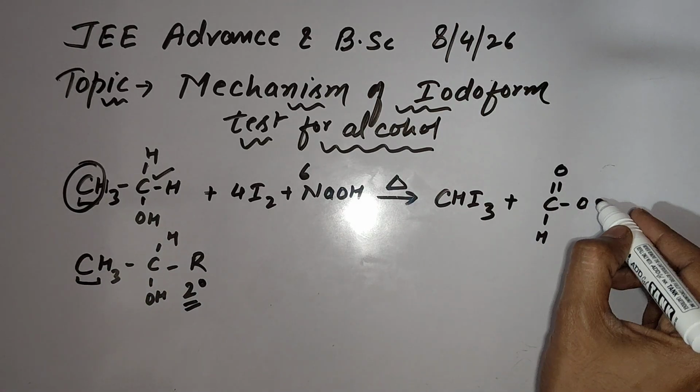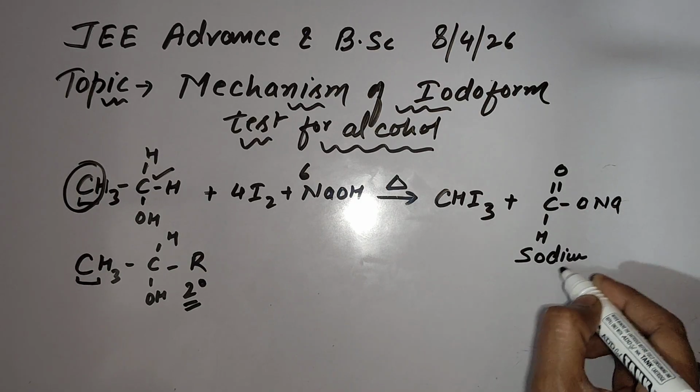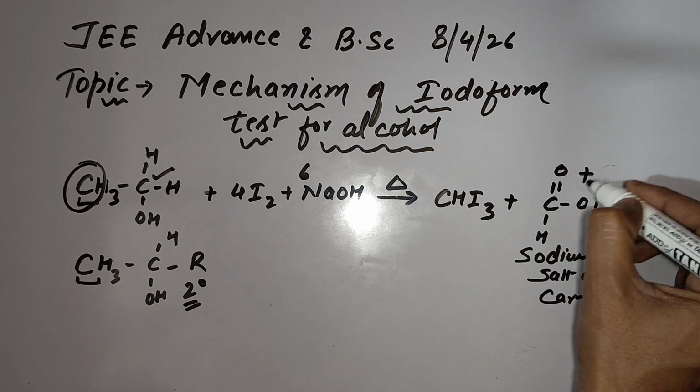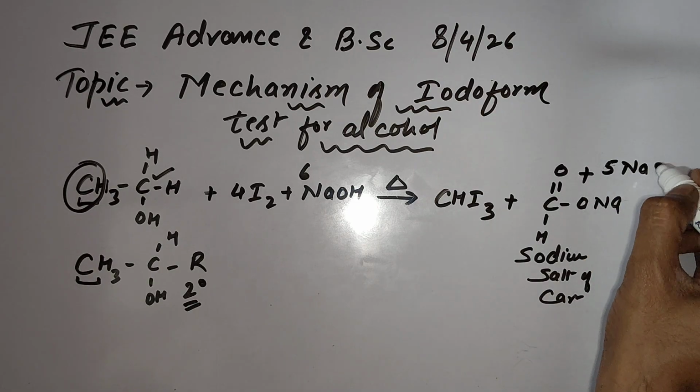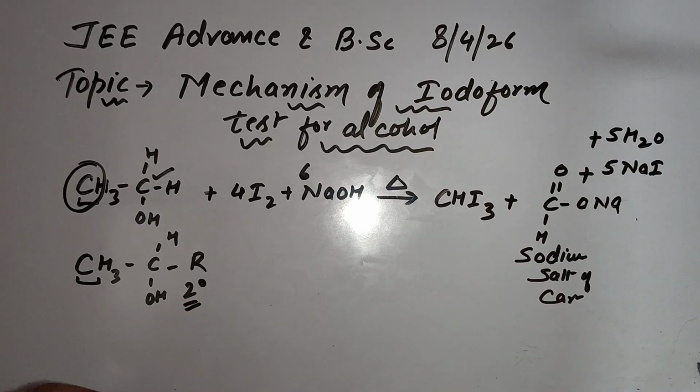So finally, we will not have carboxylic acid. We will have a sodium salt of carboxylic acid. Plus 5 particles of sodium iodide will release out and 5 particles of water will release out. This was the reaction. Now let's understand its mechanism.